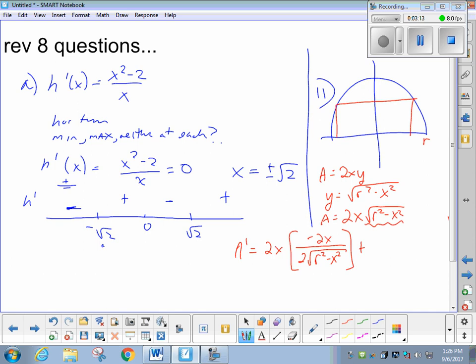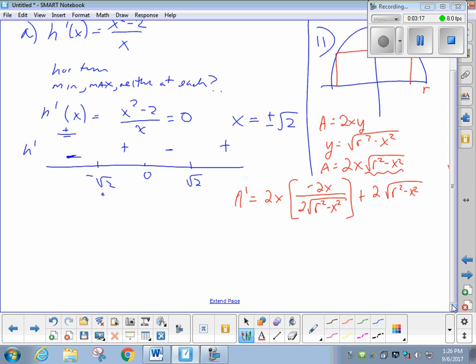Plus, derivative of the first is 2 root r squared minus x squared. I don't know if I'm getting to the place where I stop. I got a common denominator. 2 divides out. So this has the common denominator. It's negative 2x squared. But for this guy, if I multiply by the common denominator over itself, which is mathematically allowed, that's 1, identity property of multiplication.